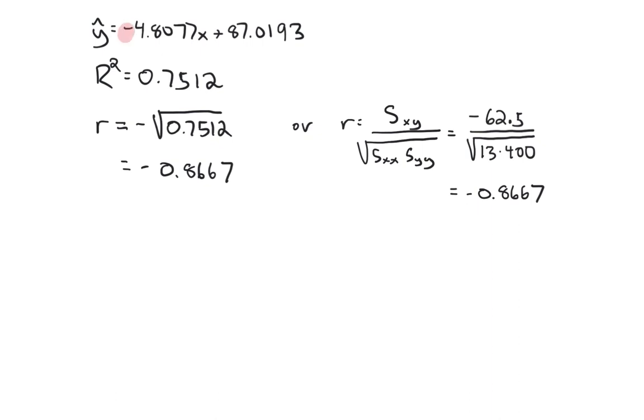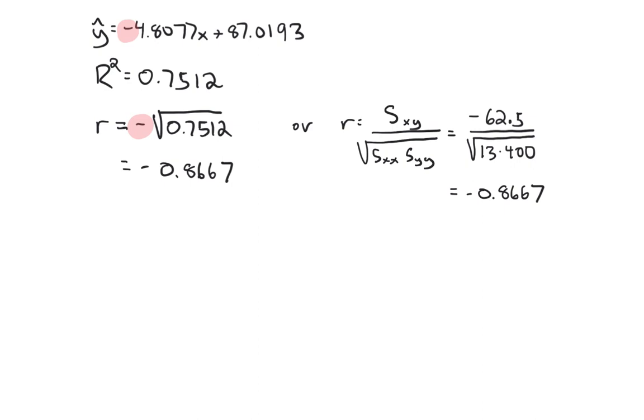So this negative there, that goes there. So you have the same sign as your slope. So we have negative 0.8667.